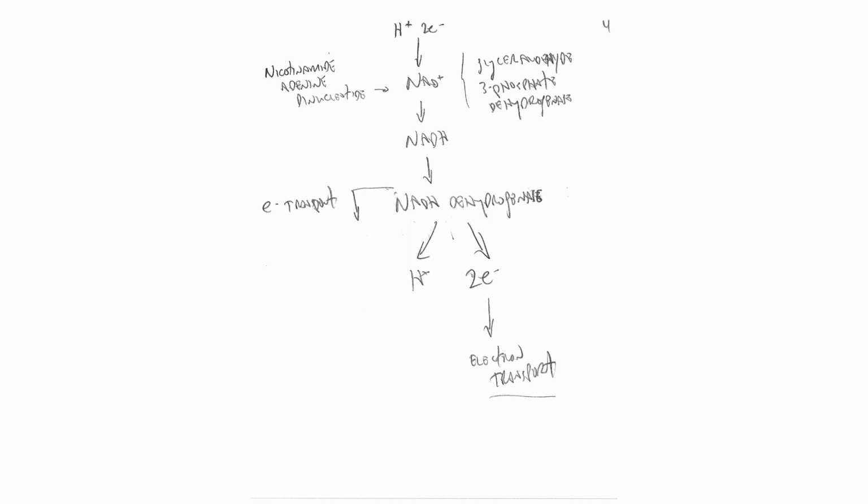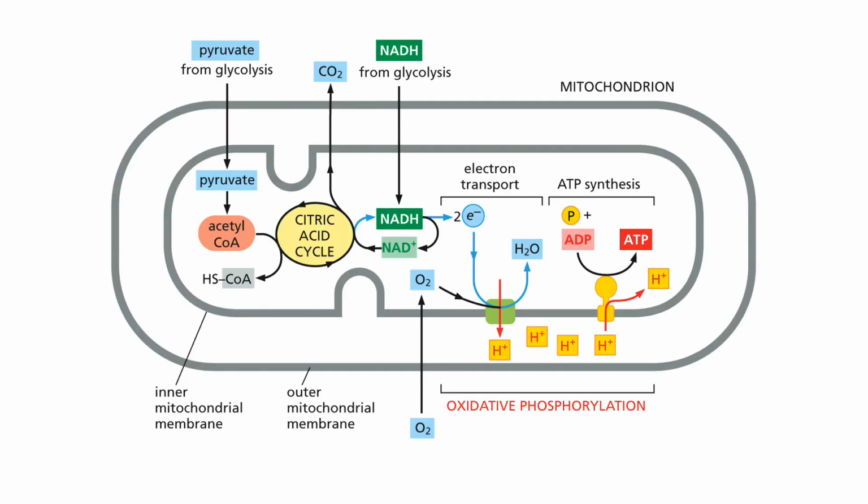This next slide basically shows the outline of what we're talking about. This shows the mitochondria. You have the pyruvate from glycolysis going in. You get the acetyl coenzyme A into the TCA citric acid cycle. CO2 is released, and you get the electrons and protons coming off, going into the NADH.